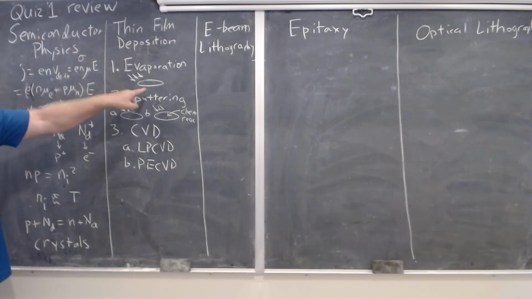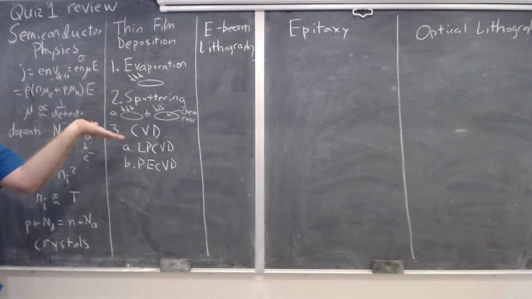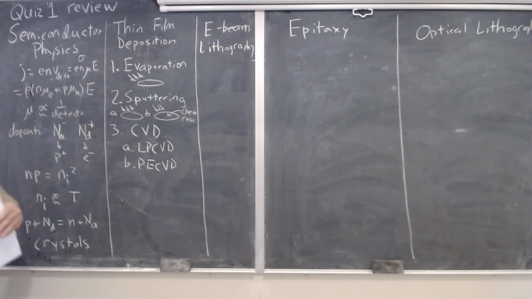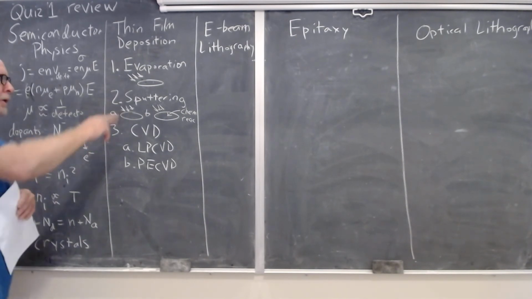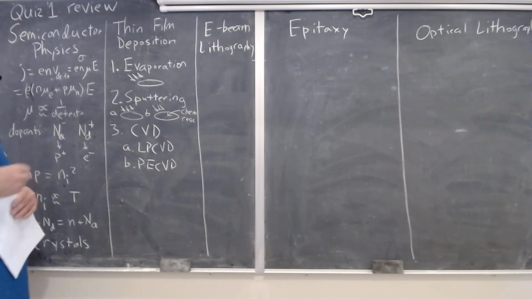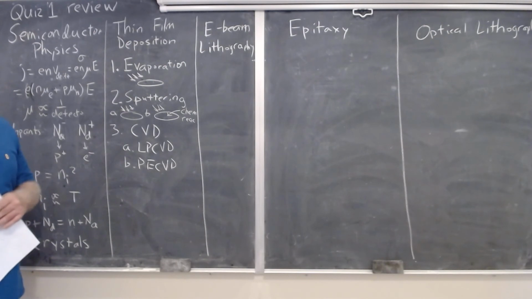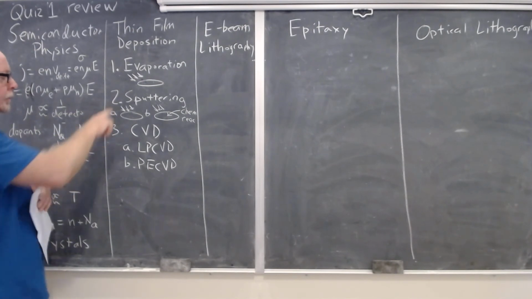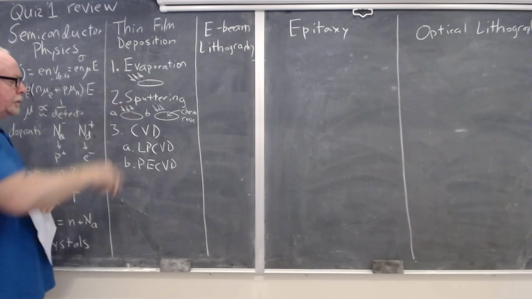I drew it usually upside down, the atoms come up. That's the process. In sputtering, you're doing it in a plasma, and the ions in the plasma are what knock the source atoms off of the target, and then they go flying onto the substrate.